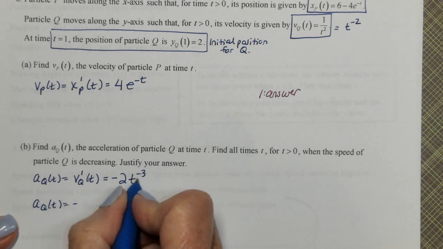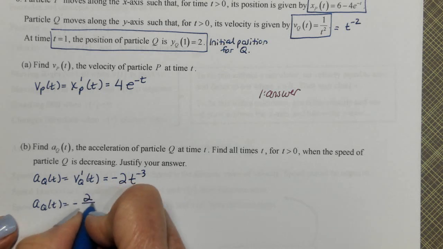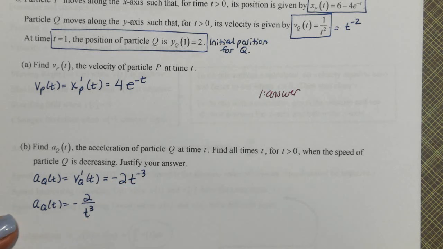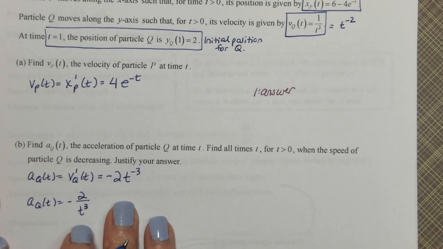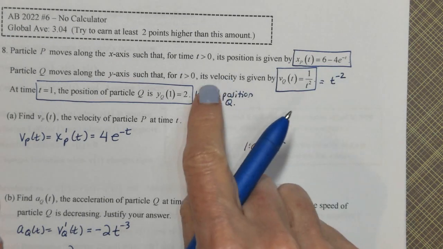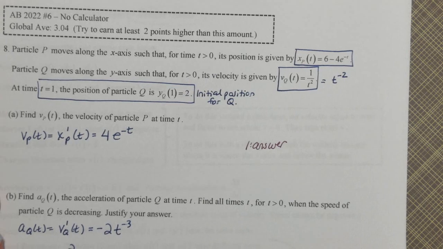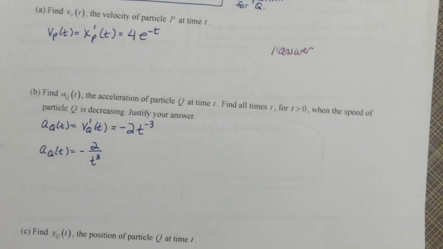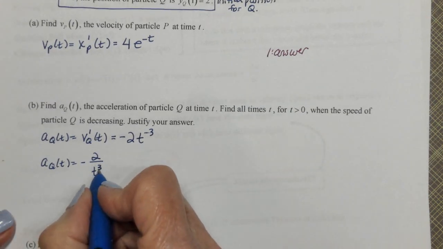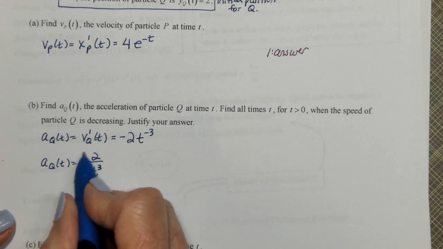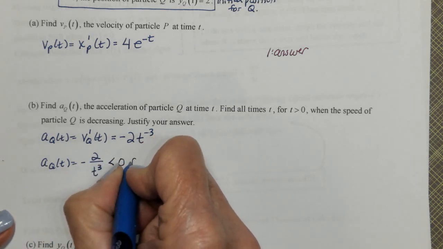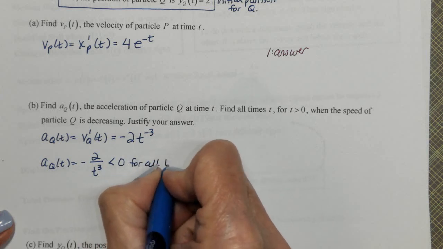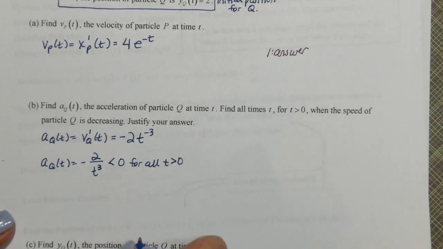I'm going to move that t to the denominator and give it a positive exponent. And they told us in this problem that t was always positive, right? T is always positive. Well, if t is always positive, then acceleration is always negative. Is less than 0 for all time greater than 0.